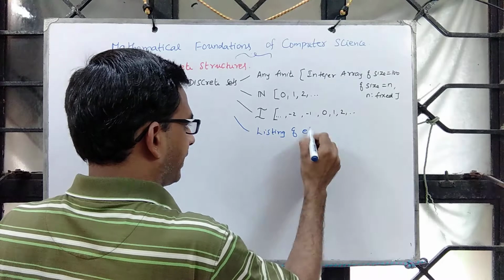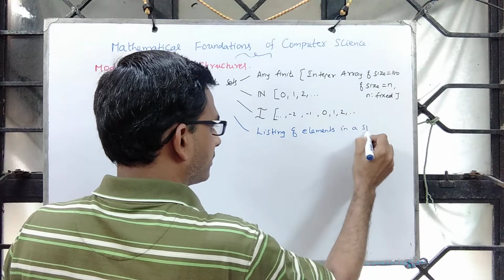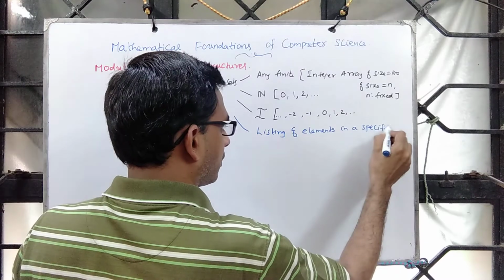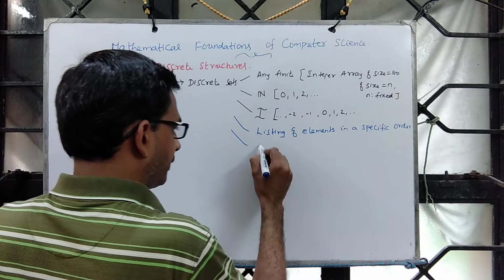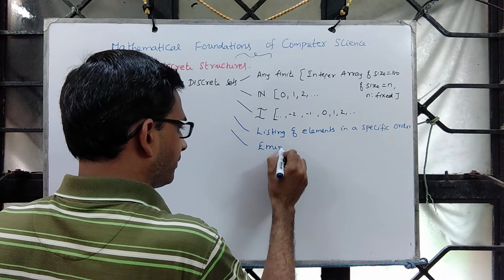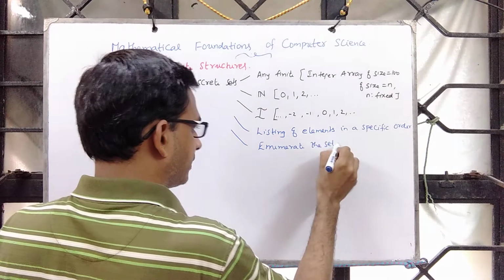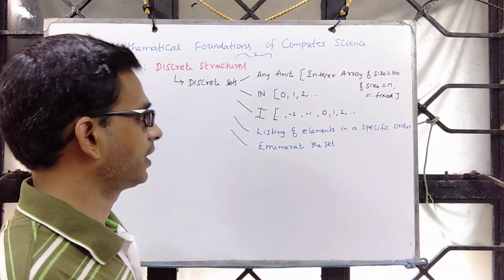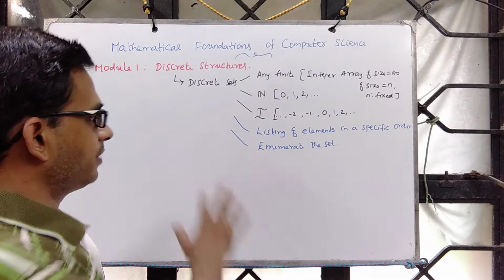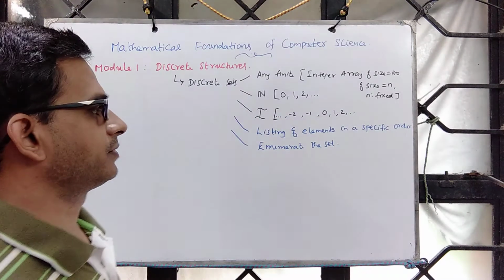Listing of elements in a specific order, or you can enumerate the set. Enumeration meaning the first element, second element and so on. So in computer science we come across these sets.